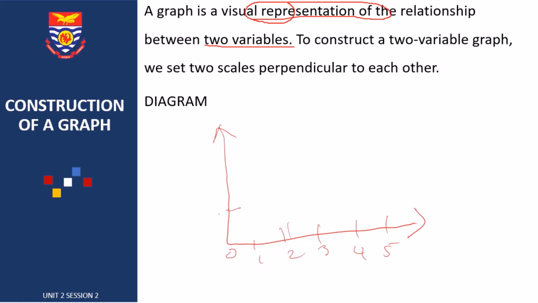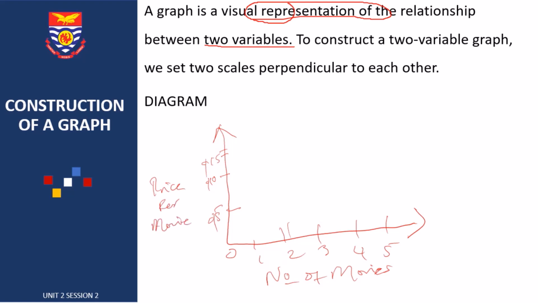I can say here is going to be 5 CDs, here will be 10 CDs, here will be 15 CDs. This place will be the number of movies. So you watch movies, then we charge you. So this side is going to be the price per movie.